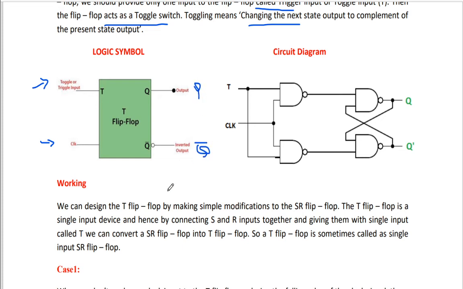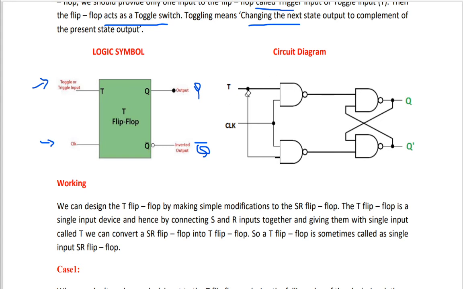Okay, here we have the circuit diagram. Instead of the simple change that we made in the D flip-flop, where a NOT gate came into the picture between the S input and the R input, there is now no NOT gate connected to this T flip-flop.